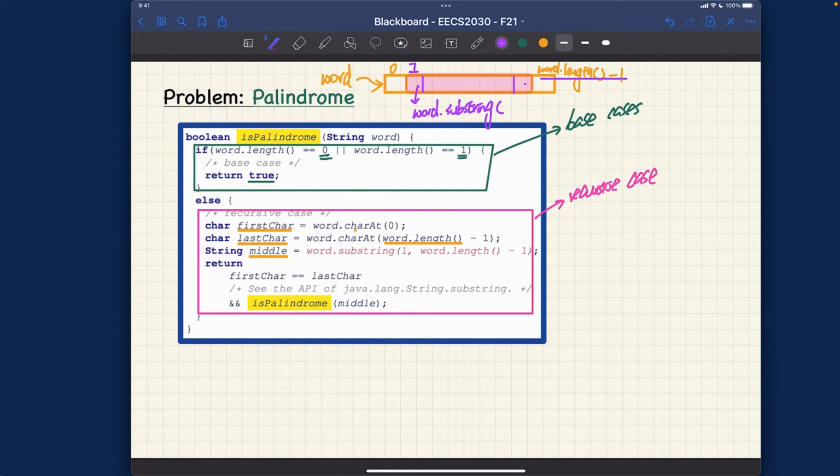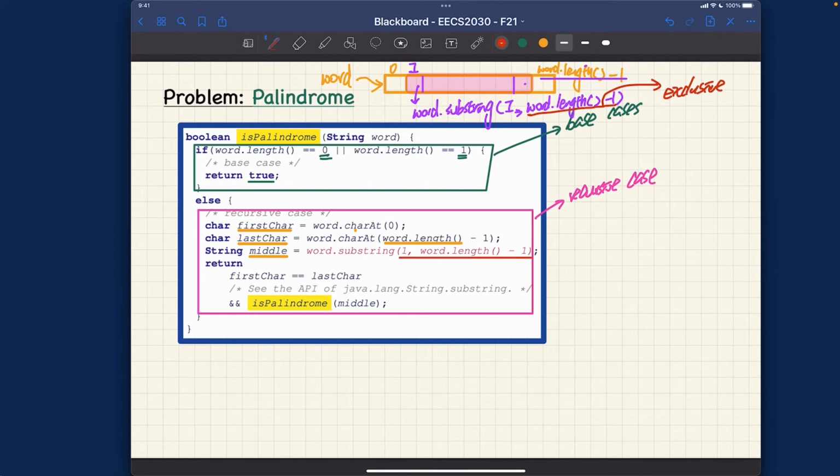Remember we talked about the second index of the substring method being exclusive. So that'll be word dot length minus 1, and this will be exclusive, not being included. Just to remember that. That's exactly what you will see over here.